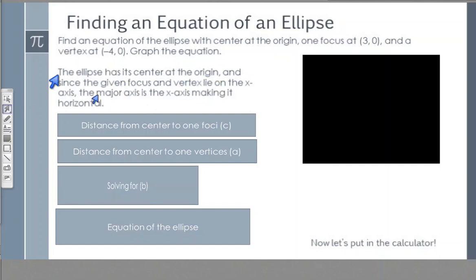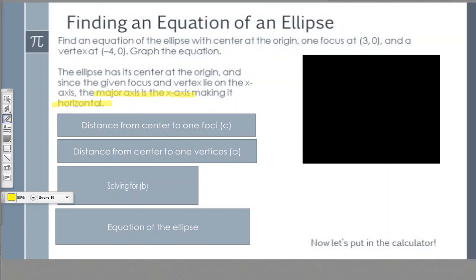We know that because -4 is an x and 3 is an x, and our origin (0, 0) is also on the x-axis. So since everything's on the x-axis, that's going to make the ellipse horizontal. The major axis is the x-axis, making it horizontal.